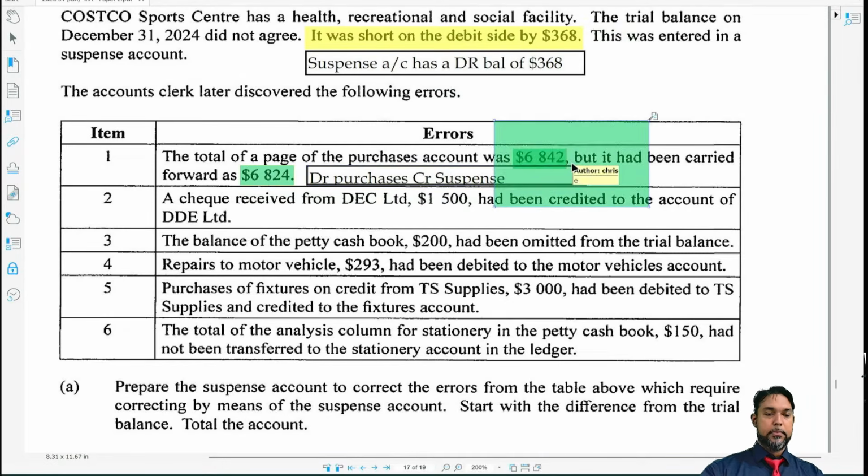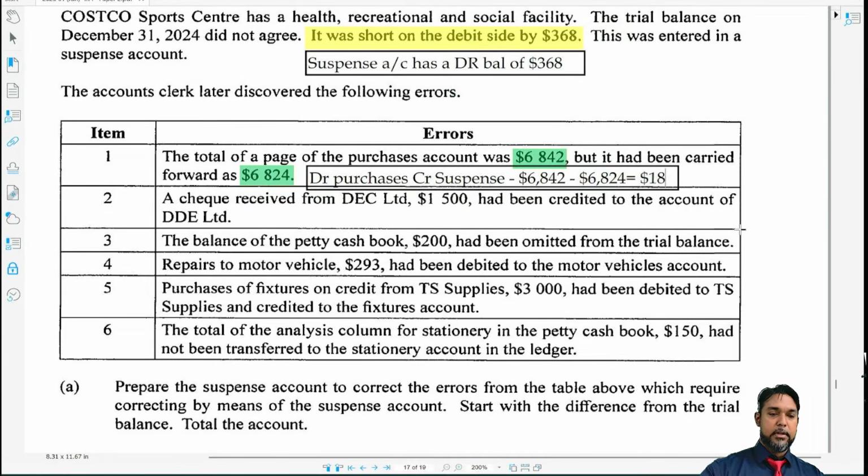So back to here now, and the figure, of course, would be the correct figure, so 6842 minus 6824, which is $18, right? All right, so when you drop a suspense account, that'll go on the credit side.